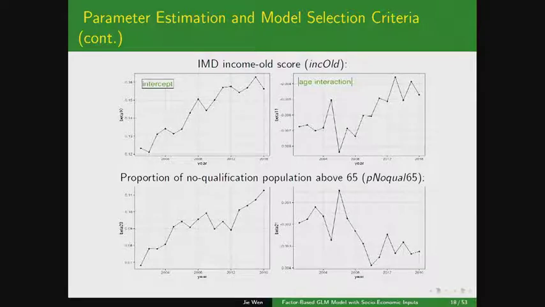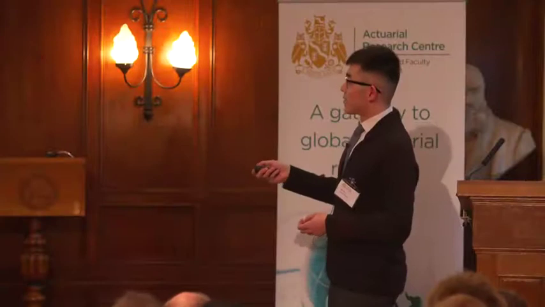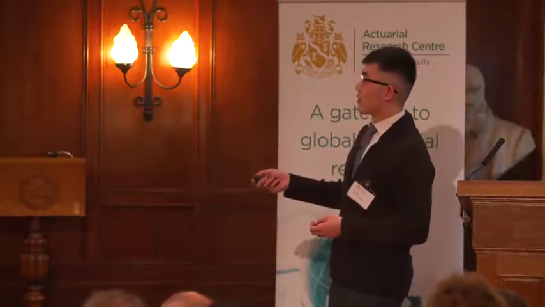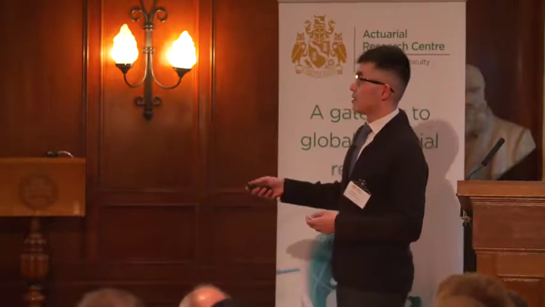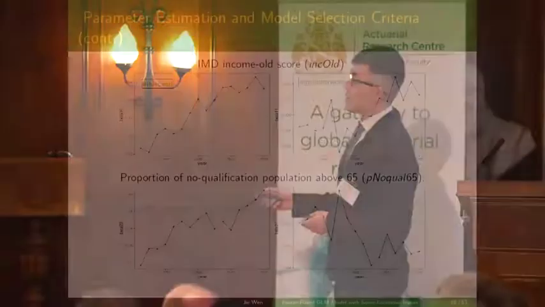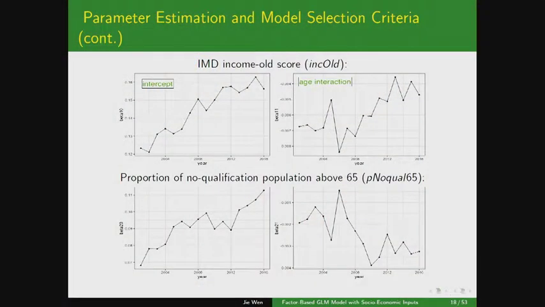The interpretation of the increasing pattern is that income-related factors have contributed more and more to the inequality of mortality over different areas over the underlying year range, 2001 to 2016. We can see the same thing from the second predictor, the proportion of no qualification population above age 65. There's a clear increasing pattern as well. Meanwhile, the 2 age interaction terms are quite volatile, and there's no such clear pattern compared to the 2 intercepts here.